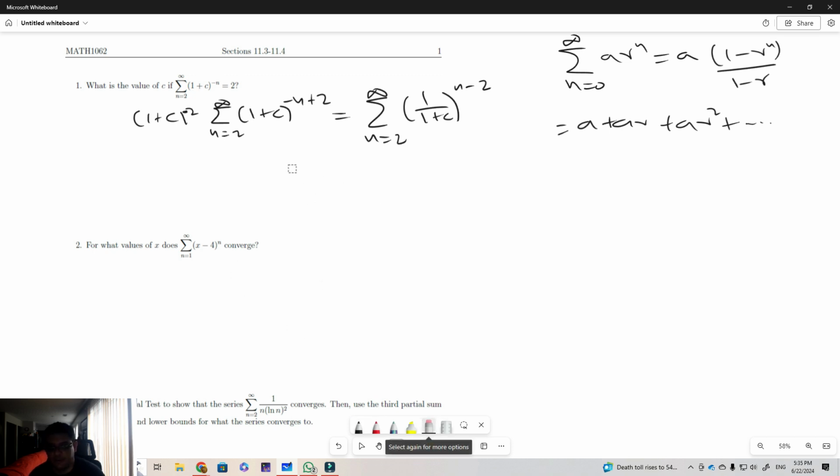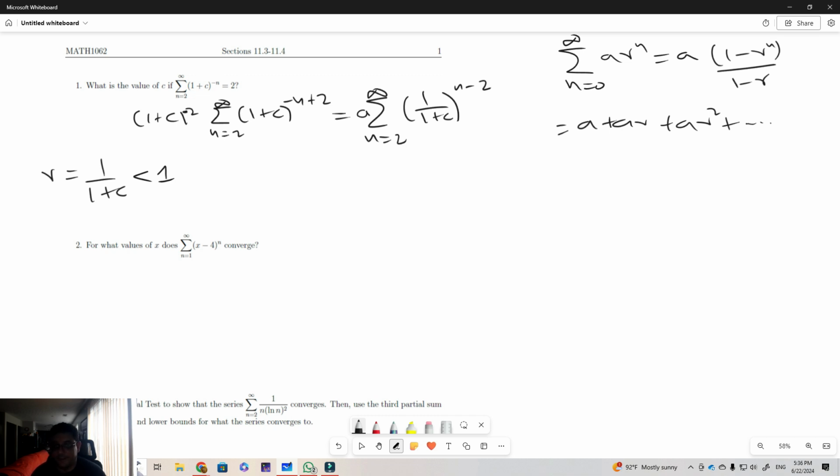Let me rewrite this whole thing. The a in front is (1 plus c) to the minus 2. Now according to this, I can use the geometric series. We're going to assume that c is a certain value that produces convergence, so we need that r, which is 1 over 1 plus c, is less than 1. That's the first assumption.